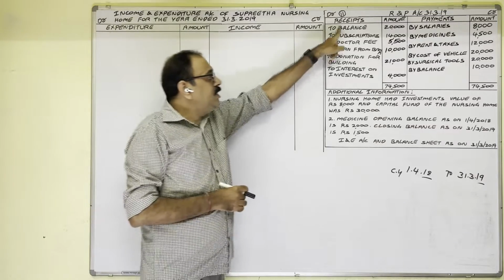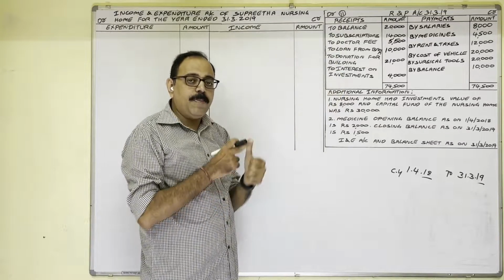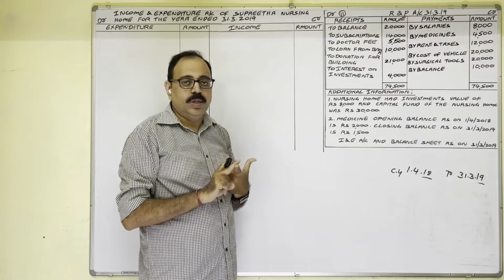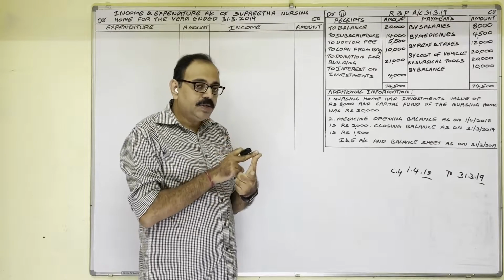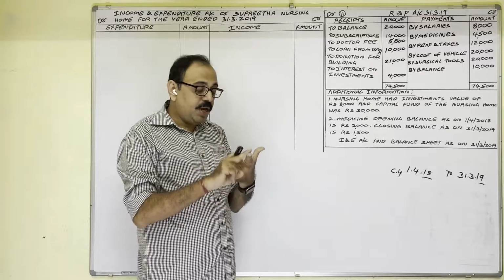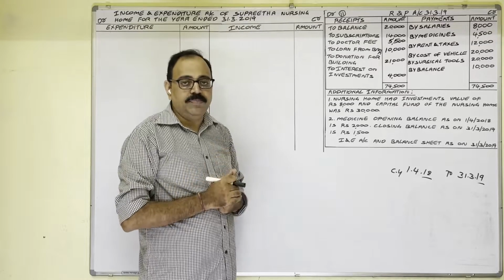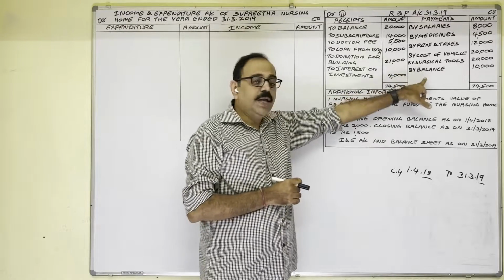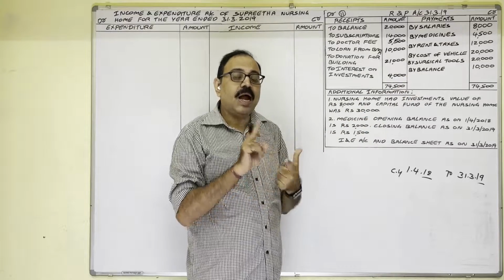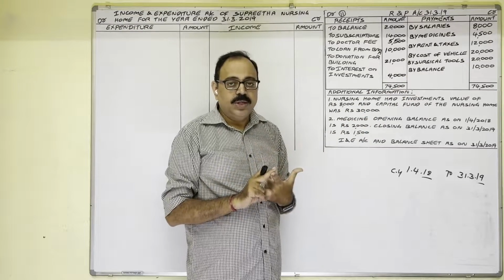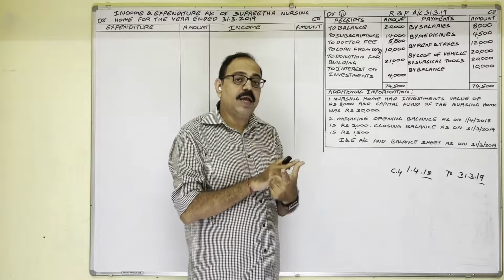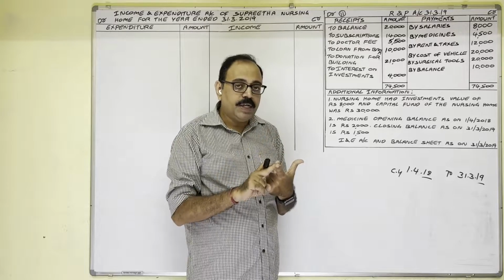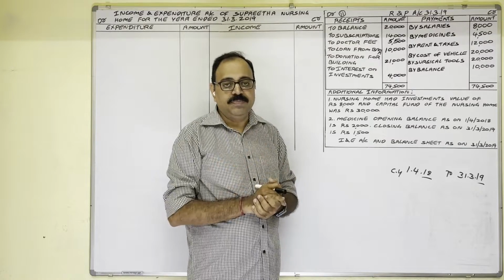See, on the receipt side, he gives capital incomes and revenue incomes both. Capital incomes means rare incomes. Revenue income means repeated income. On the payment side, he gives capital expenses and revenue expenses both. Capital expenditure means rare expenditure. Revenue expenditure means repeated expenditure.